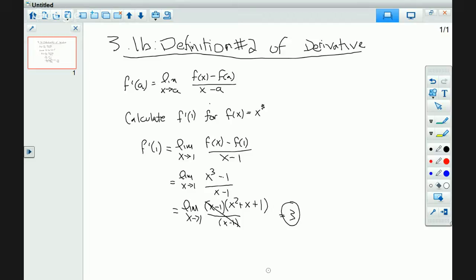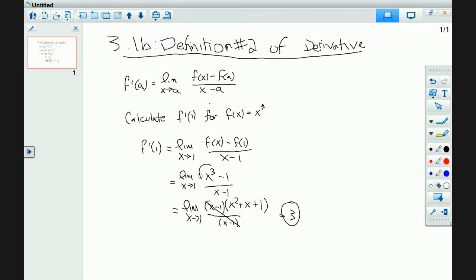There are a lot of different ways to calculate derivatives. We're never going to ask you to calculate a derivative on the exam like this. The other methods are what you're going to be tested on. But you have to know this. So if you see this here, what is the function?